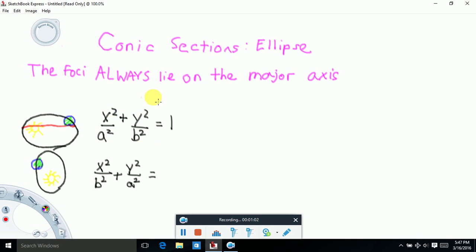And we have this equation here. If the ellipse is oriented like this, the foci lie along this axis. So in either case, the foci are always going to be on the major axis, whether the major axis is horizontal or vertical.